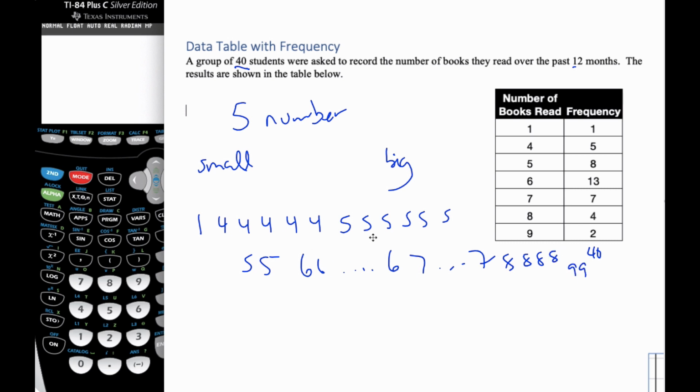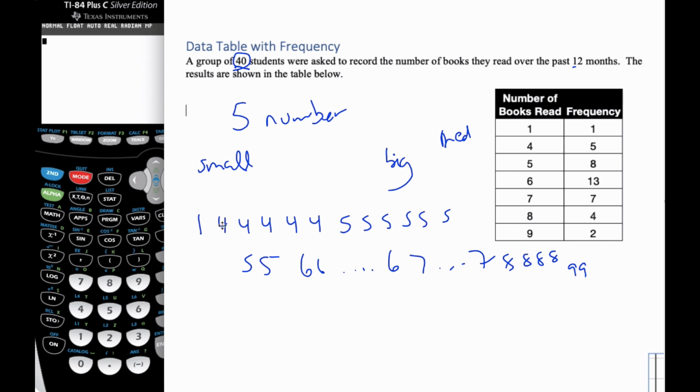And I could take all this data and add it to my calculator, and I could give each one a number, and I could figure out my 5-number summary. So from this, if I wanted to find the median, and there's 40 students, I'm going to look for number 20.